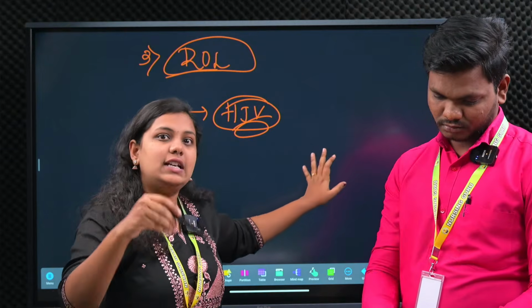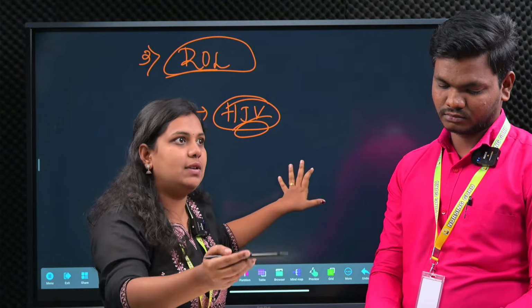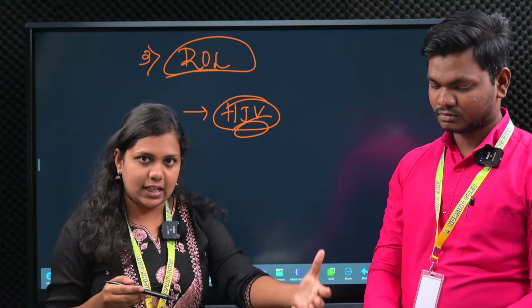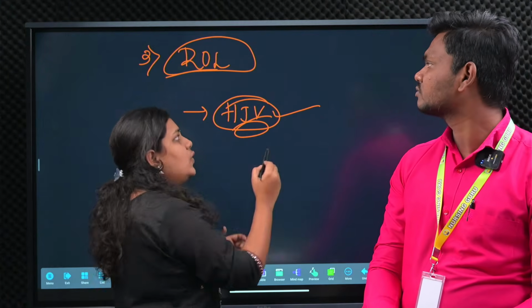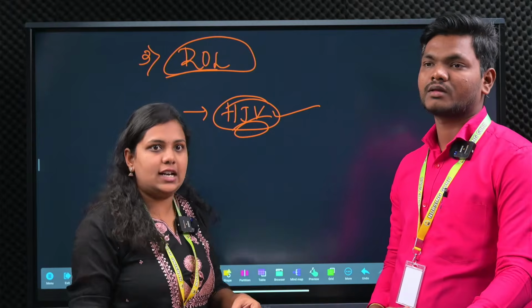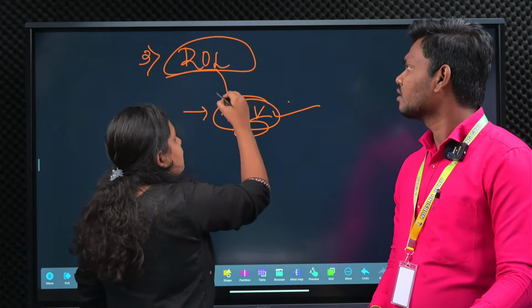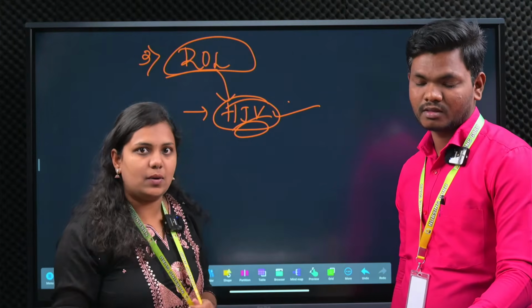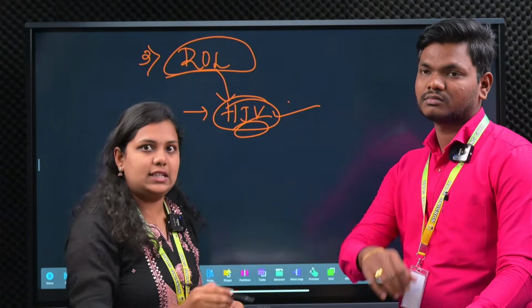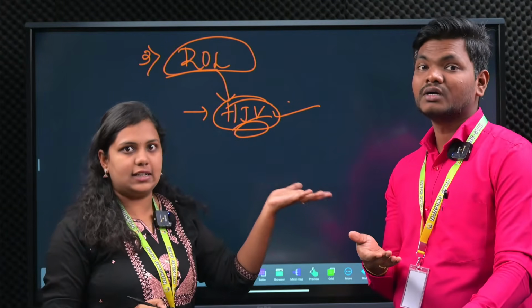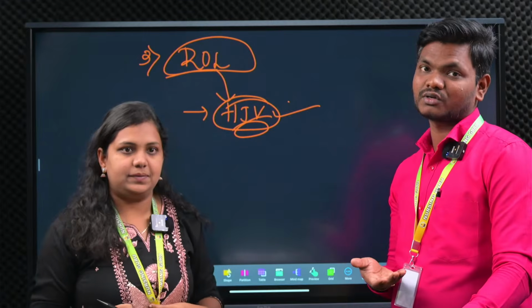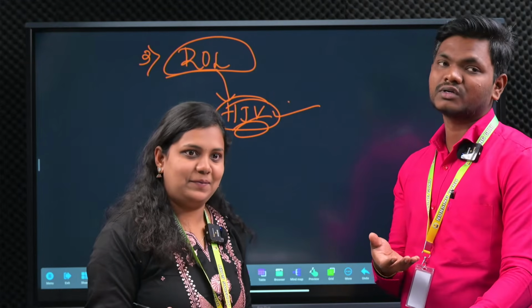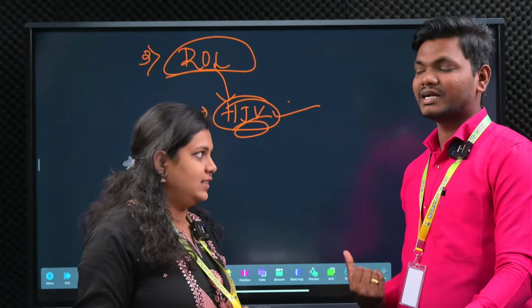How does review of literature work here? Already some researchers have conducted studies about HIV. From their studies you collect the review of literature, the information related to your studies. How they carried out their research work will be helpful in your current research work.